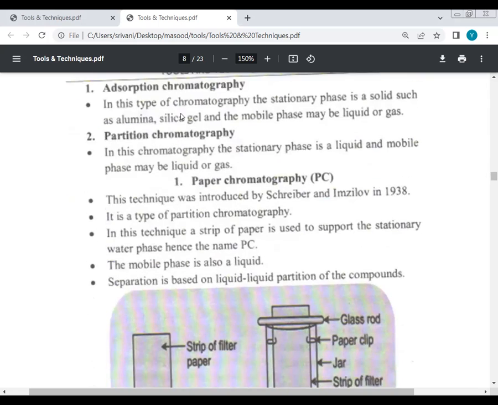In this type of chromatography, the stationary phase is a solid such as alumina or silica gel, and the mobile phase may be liquid or gas.